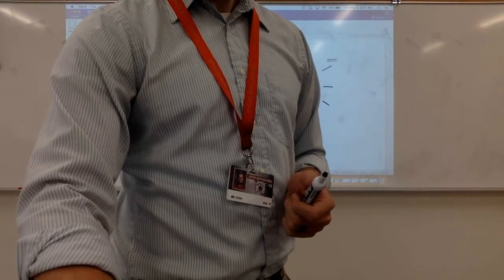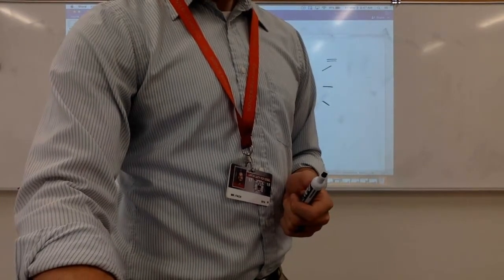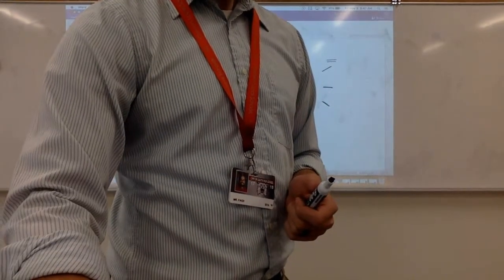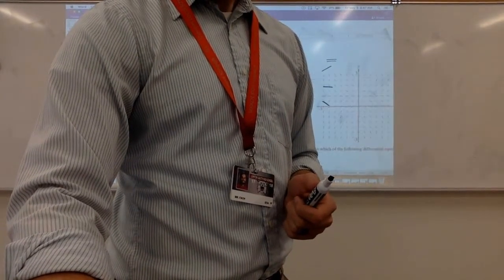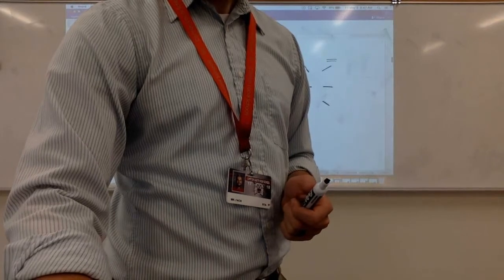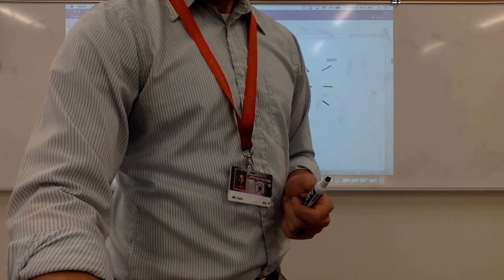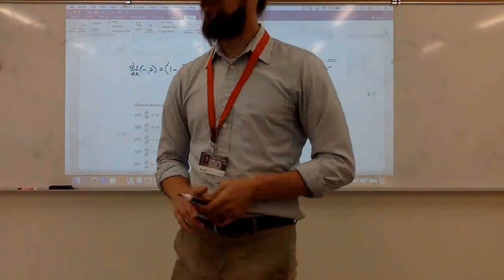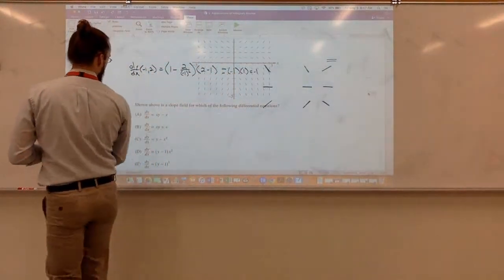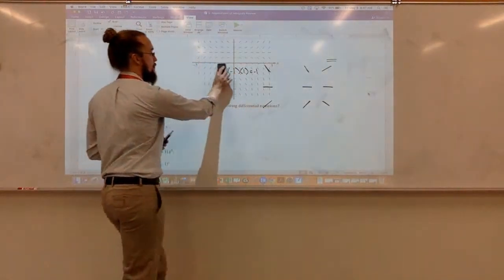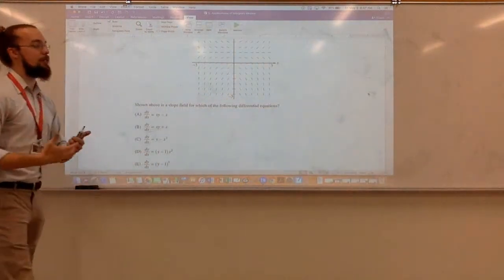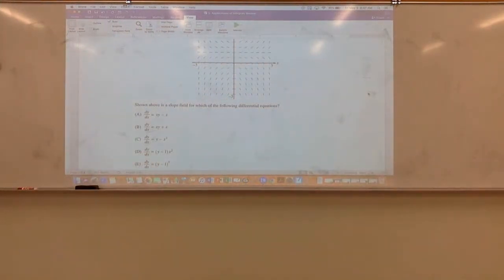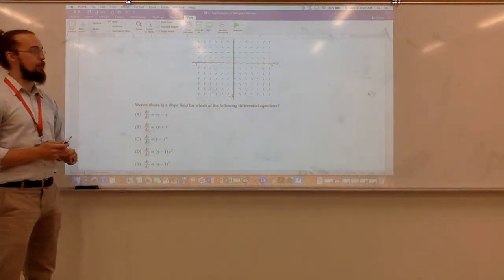Okay, so now let's take a look at one where we have to match a slope field with the given differential equation. So we want to think about our strategies here, figuring out which set of slopes matches which equation.